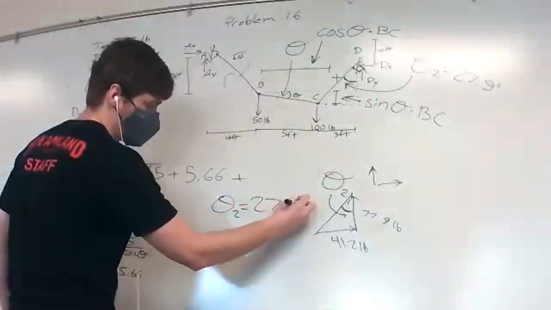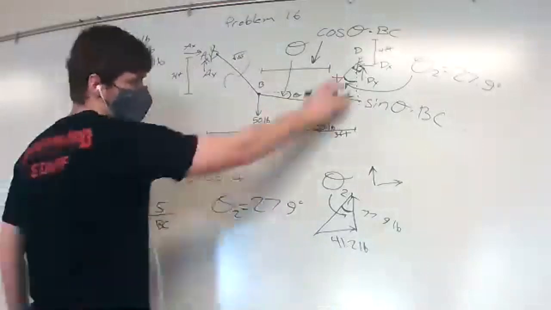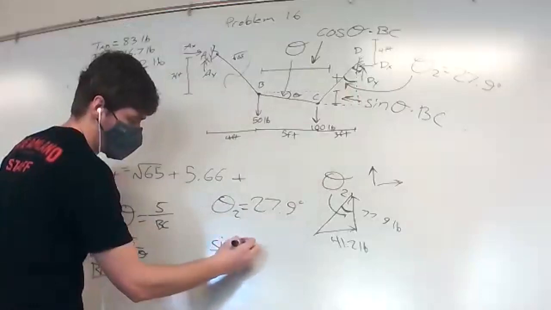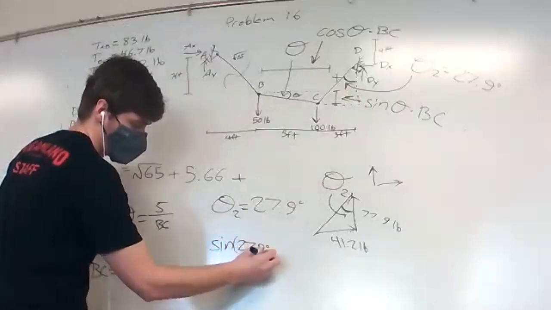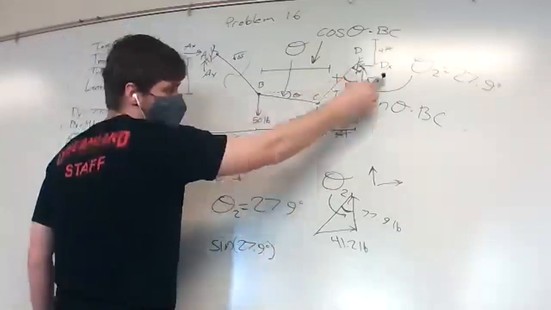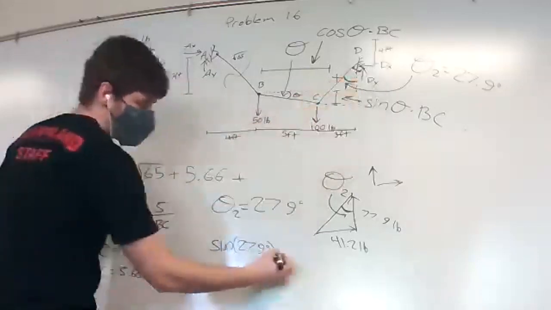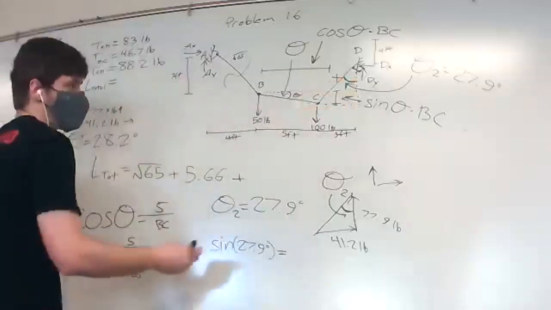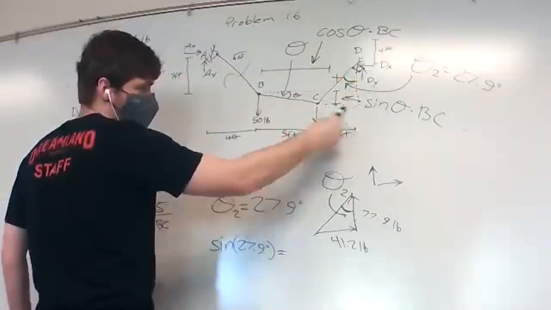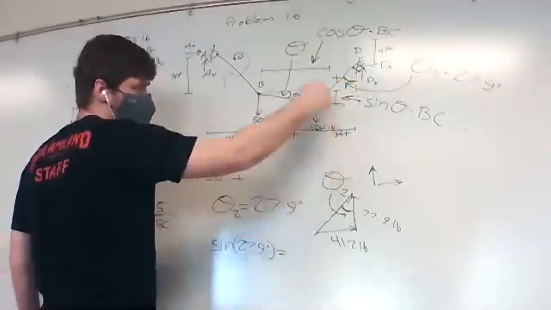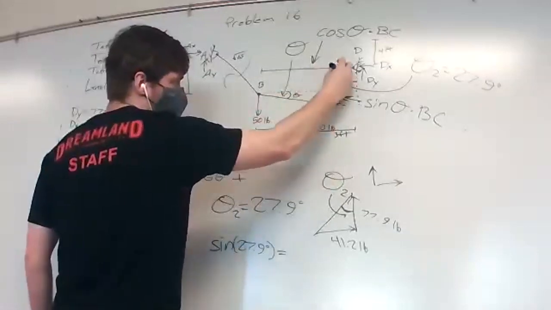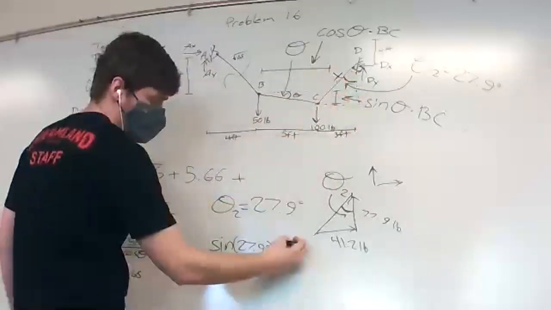So we know theta 2 is 27.9 degrees, and sine of this angle right here, which we found using dy and dx, is going to be equal to the opposite distance, 3 feet, over the unknown distance we're looking for, x.